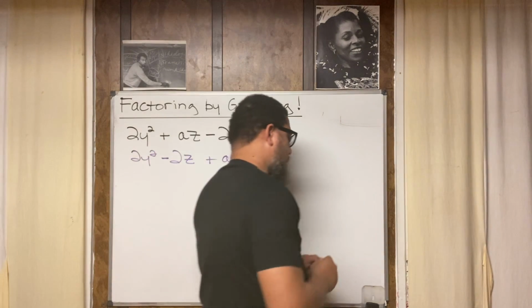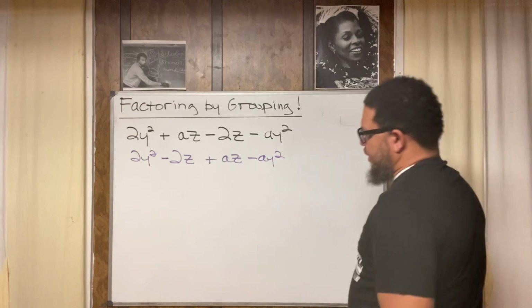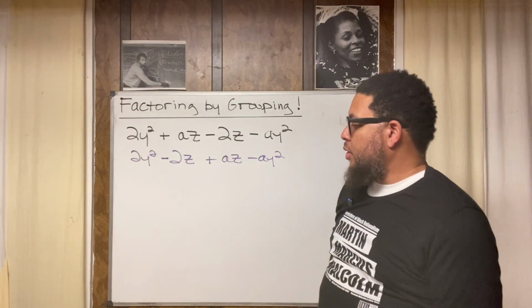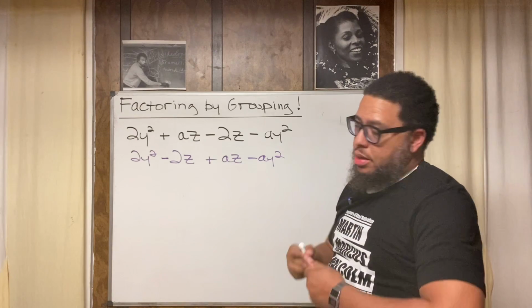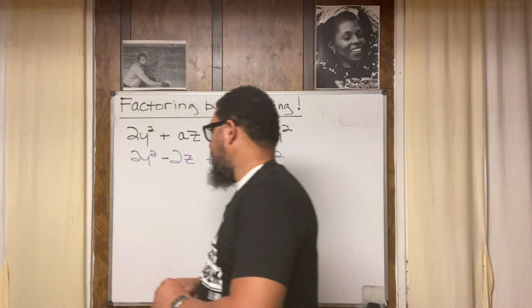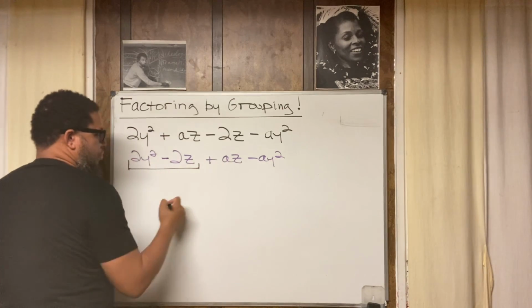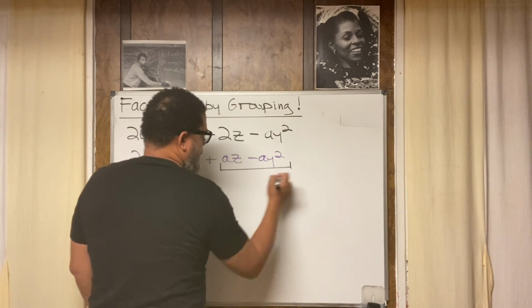It's not a new expression, it's the same expression. I just rearranged some of the terms. Now I'm going to make my 2 groups. That's my first group, and this is my second group.